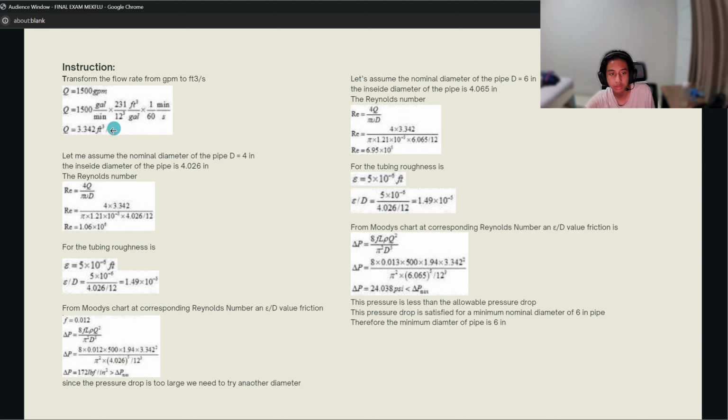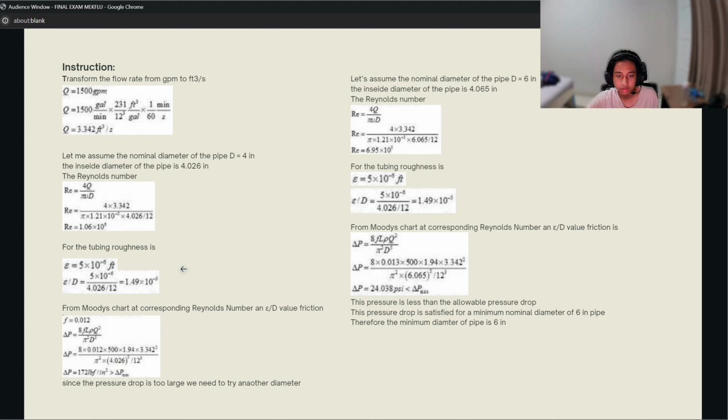The Reynolds number is about 1.06. For the tubing, the roughness is about 5 times 10 minus 6 feet, and then the ratio between roughness and diameter is about 1.49.